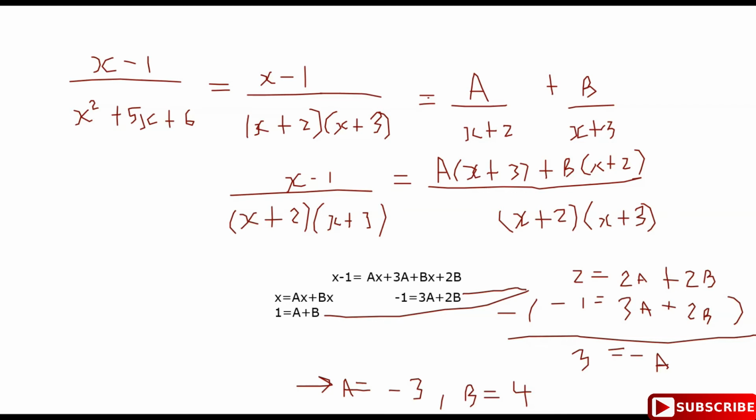That means this fraction up here can be rewritten as 4 over x plus 3, minus 3 over x plus 2.